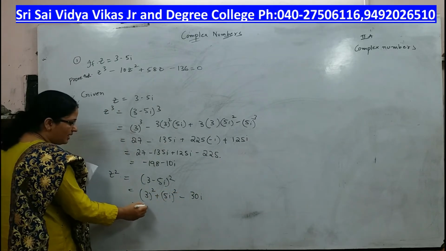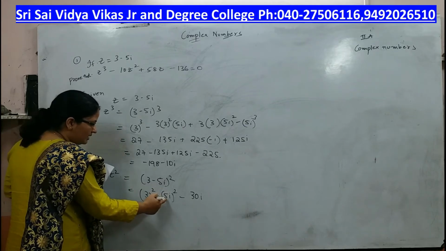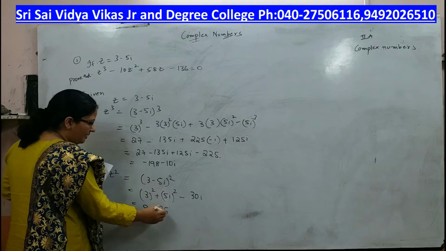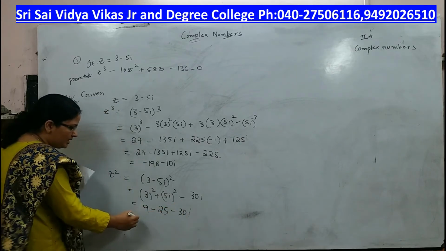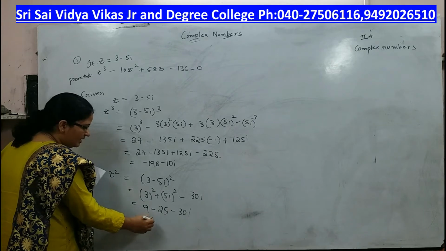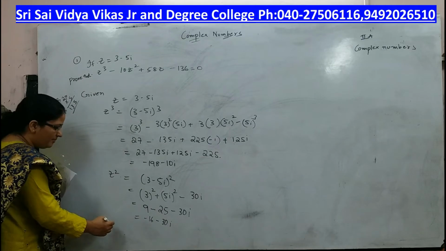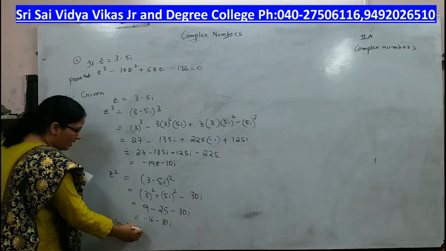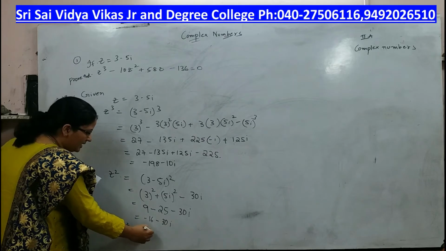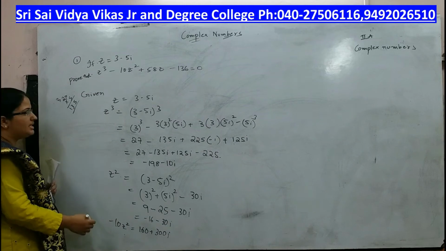So this is nothing but 9 minus, i square is minus 1, 9 minus 25 minus 30i. 9 minus 25 is minus 16 minus 30i. Minus 10z square is equal to 160 plus 300i. This is what is minus 10z square.